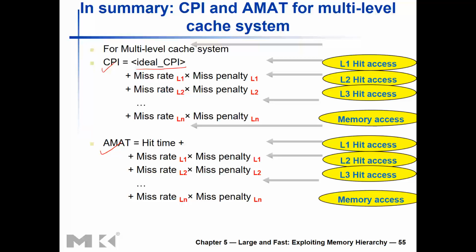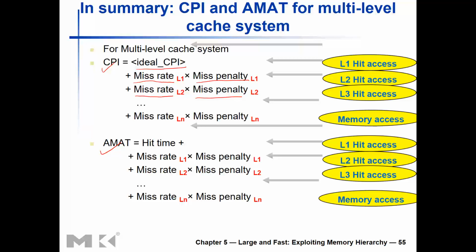So if I miss on L1, I'll have to multiply this by miss rate of L1 and miss penalty when L1 accesses L2. Then if I have L2, I add miss rate of L2 missing and miss penalty when L2 accesses the lower level, etc., etc.